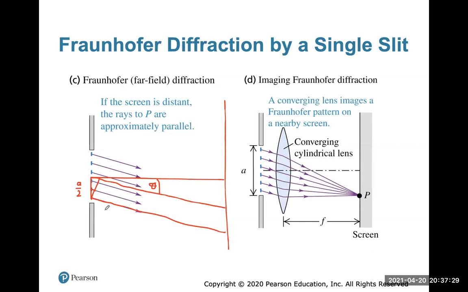So the path difference is a over 2 sine theta.